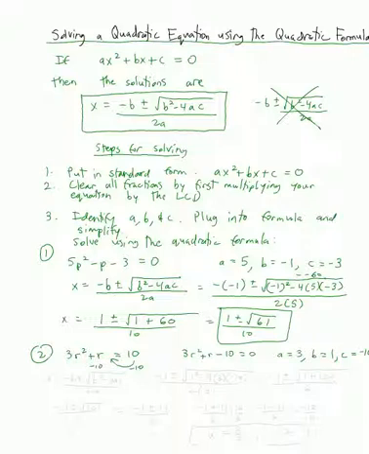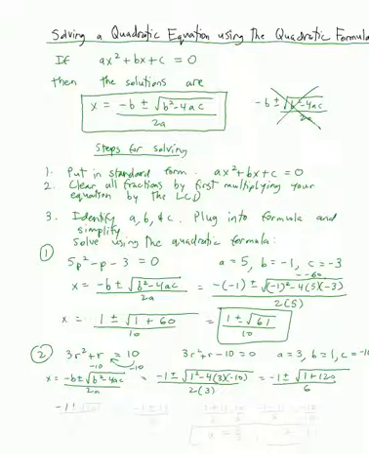Plug them into the formula. Remember, the formula is x equals negative b plus or minus the square root of b squared minus 4ac all over 2a, which is negative 1 plus or minus the square root of 1 squared minus 4 times 3 times negative 10 all over 2 times 3, which is negative 1 plus or minus the square root of, we've got 1, and then 4 times 3 is 12, times 10 is 120, but it's plus since you have two negatives, so plus 120 all over 6.